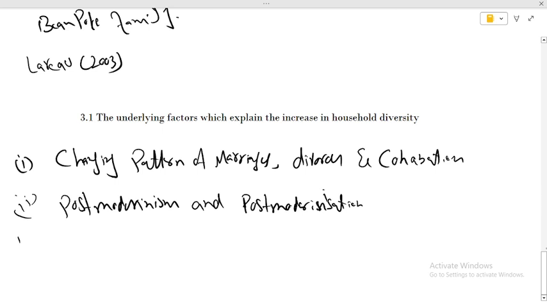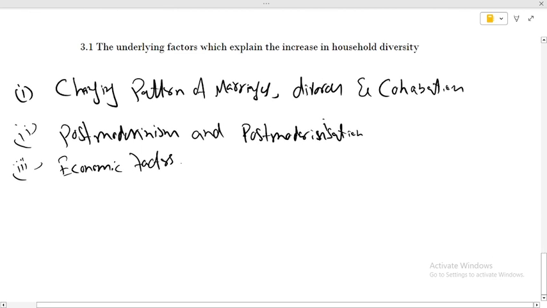Third is economic factors. The long-term increase in wealth and overall rising living standards explains the long-term increase in single-person households. Generally, wealthier countries have a higher proportion of single-person households, because it is only in wealthy countries that a significant number of people can afford to live alone, as it's expensive compared to adults sharing the cost of the mortgage, home bills, or food.